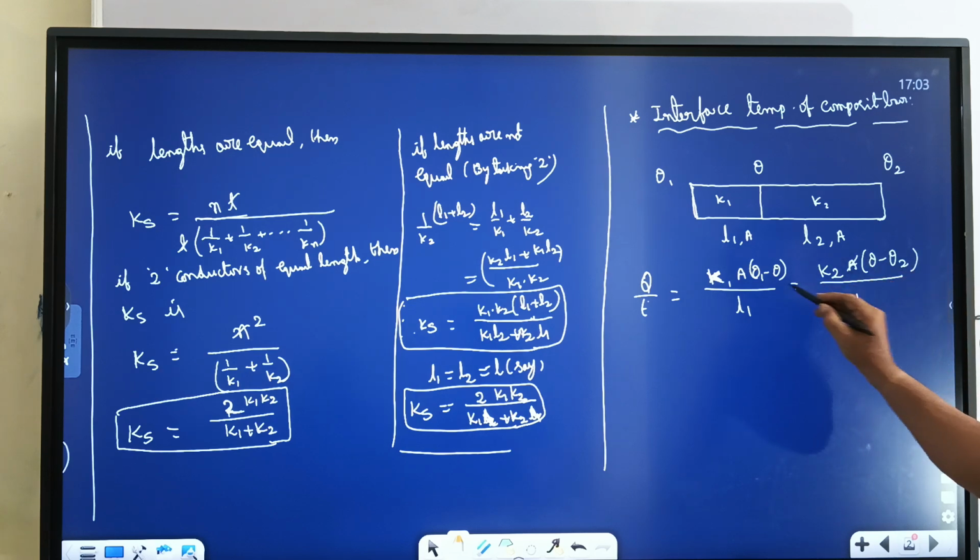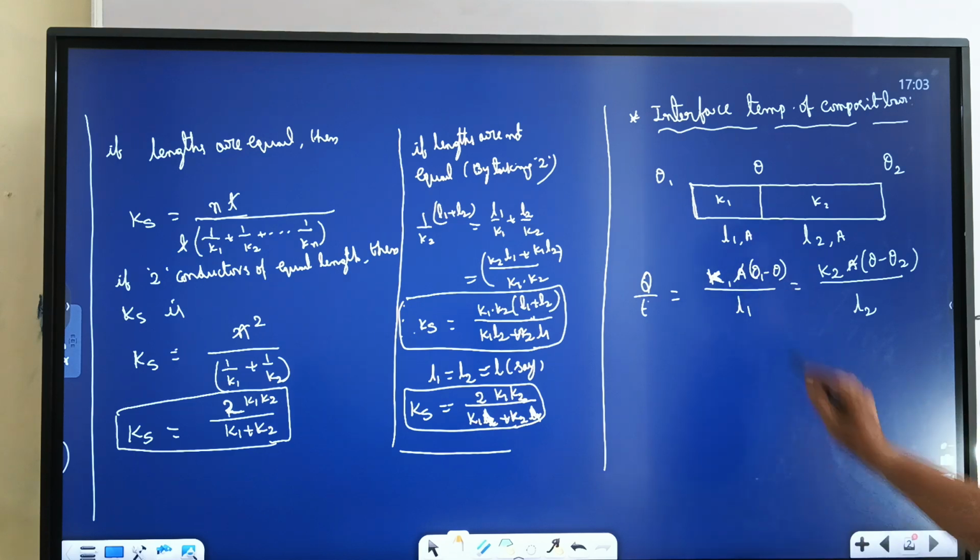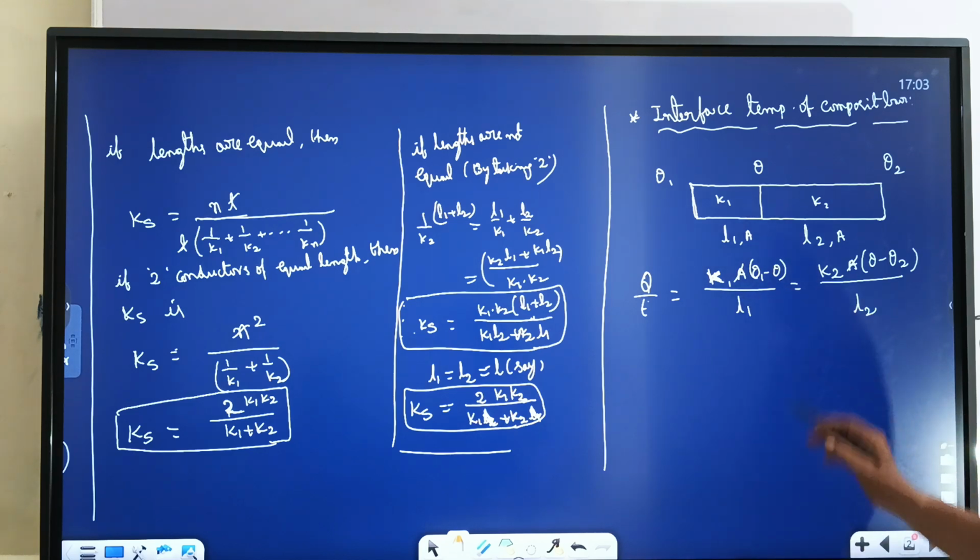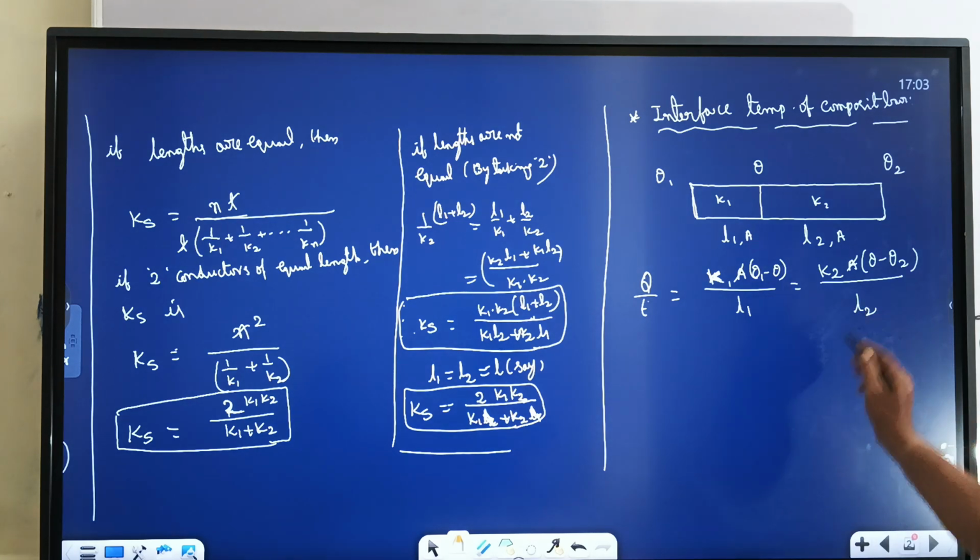Areas cancel, no more doubt. Now from this equation you have to find theta. What do you do? You do the cross multiplication.